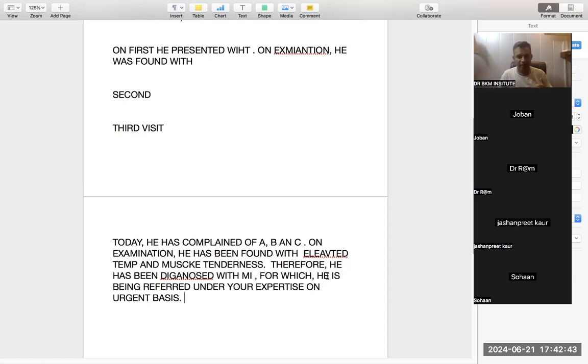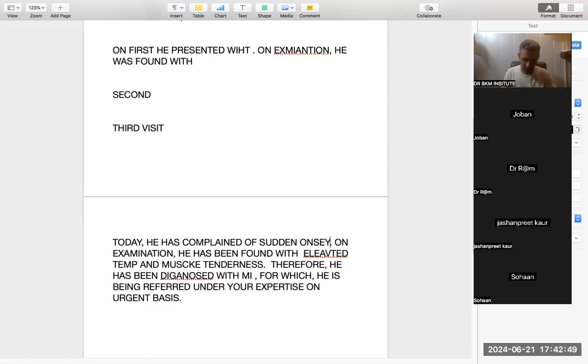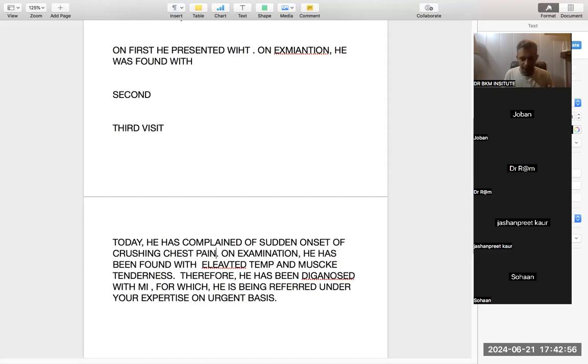Now see, today he has complained of sudden onset of crushing chest pain. On examination, he has been found with whatever signs there are.